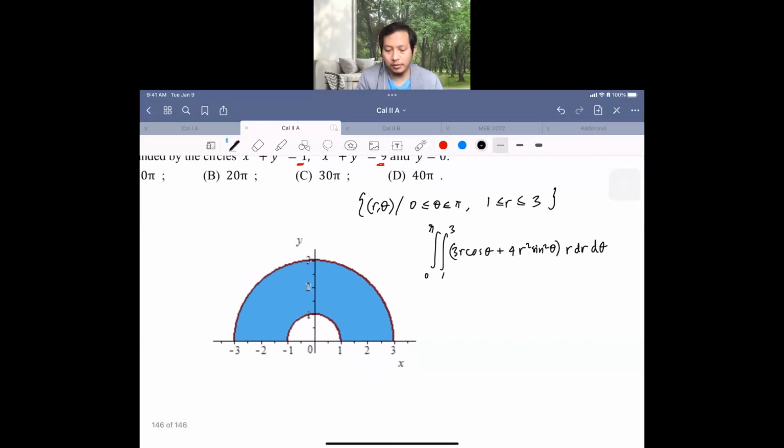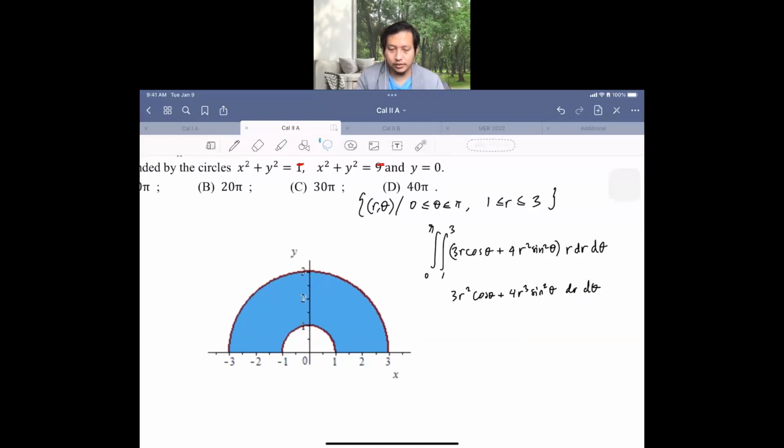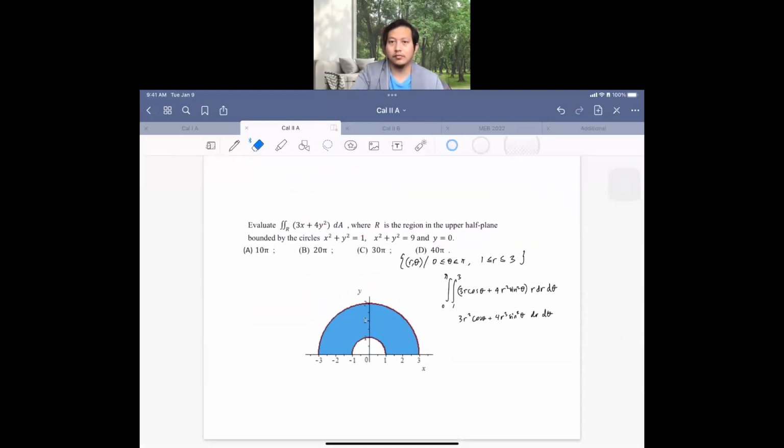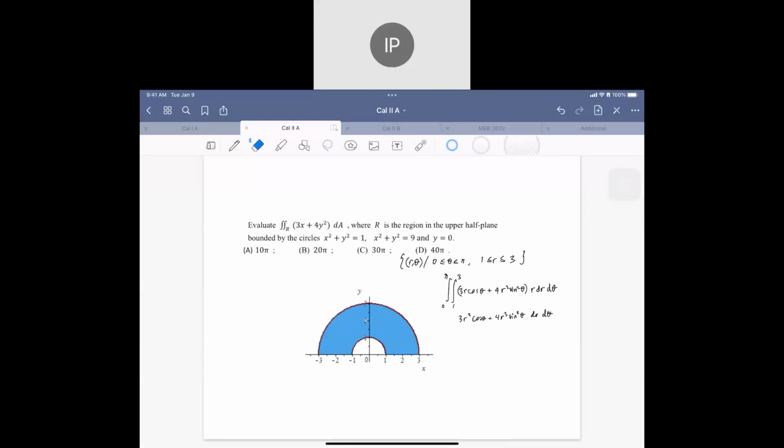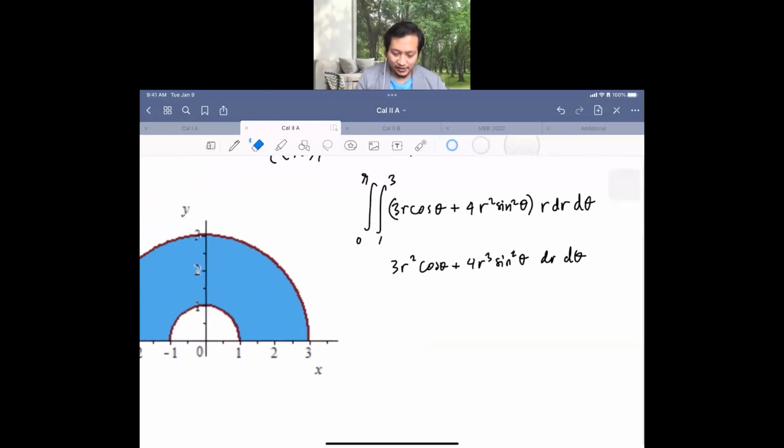Maybe we could multiply with r first, and then we could integrate. Okay, we can continue here.